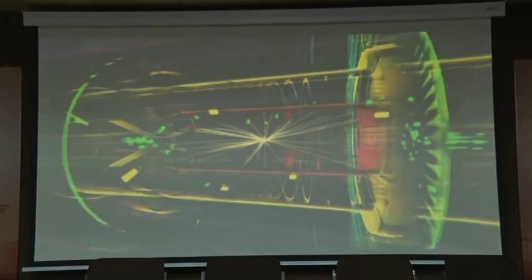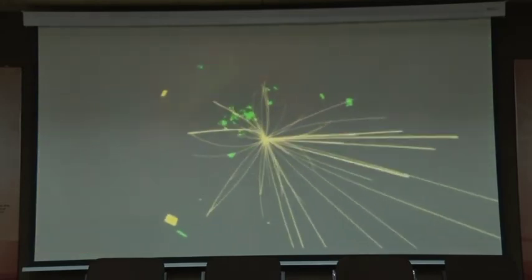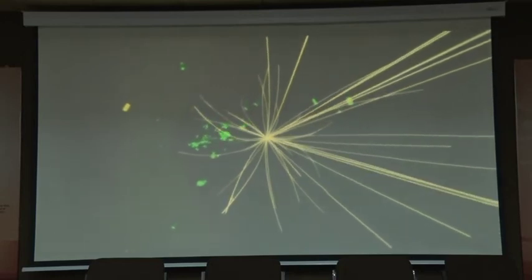After the collision the energy is dumped and that energy is converted into matter, a lot of particles are produced, okay, and then you need a system to detect all these particles, okay.